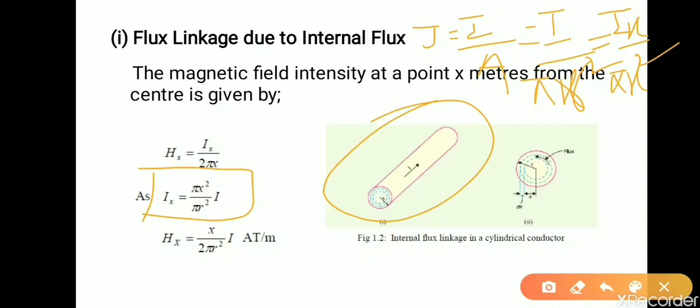So by substituting the value of I(x) in the above equation, we will obtain H(x) equal to xI by 2πr² ampere turn per meter.